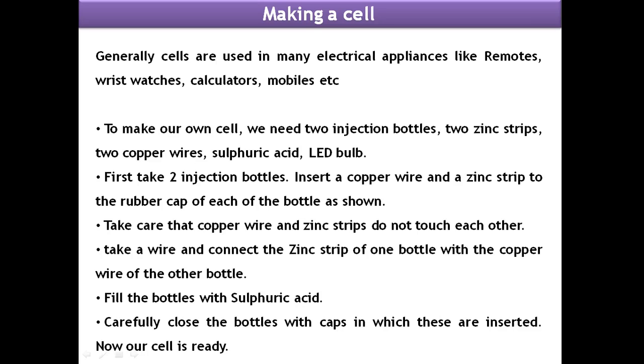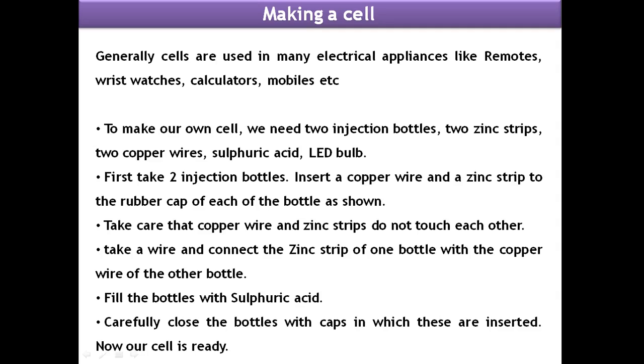These are the things we require to make our cell. Now coming to the procedure, first take 2 injection bottles and insert a copper wire and a zinc strip into the rubber cap of one bottle. Likewise, in the other cap also insert 1 copper wire and 1 zinc strip as shown in the figure. Take care that the copper wires and zinc strips do not touch each other. That is the precaution we have to take.